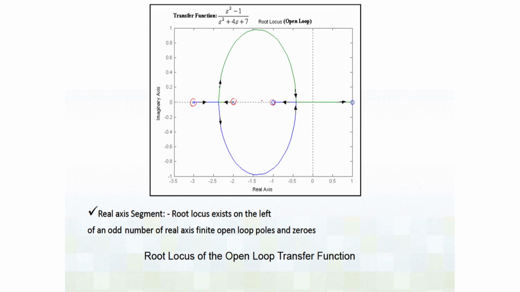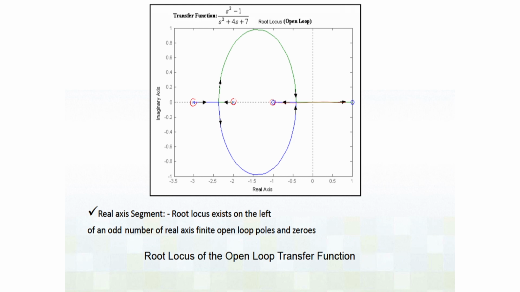Now, how do I test whether a point on the real axis will be part of the root locus or not? Remember, the final angle has to be an odd multiple of 180 degrees.